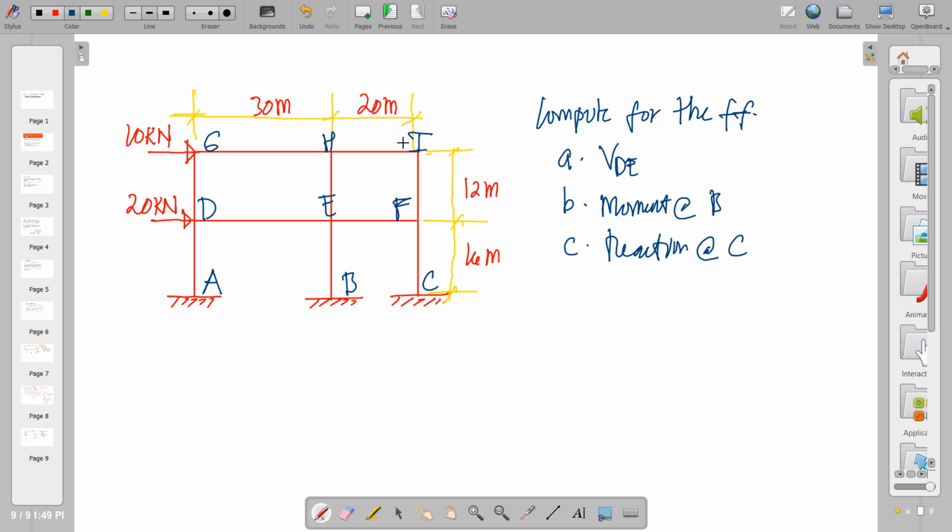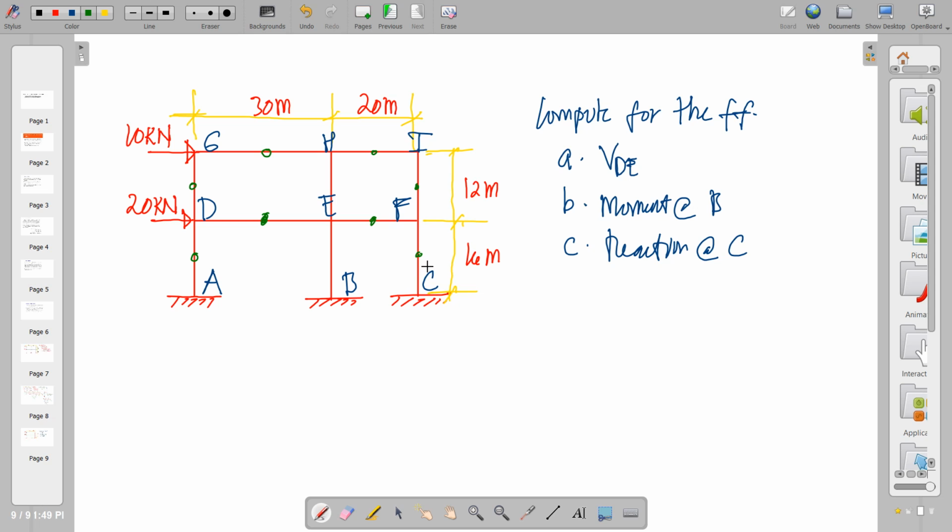Okay, so let us have this problem. We compute for shear at DE, moment at B, and reaction at C. So let us not forget to indicate here the point of inflection on every mid span of the beam and the column.